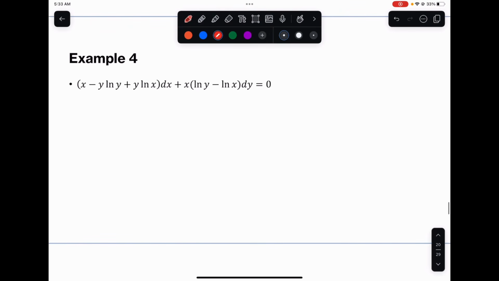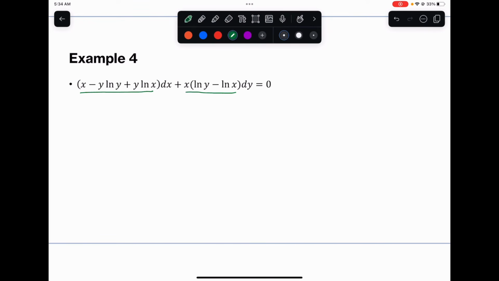Okay. So we have this one: (x minus y ln y plus y ln x) dx plus (x ln y minus ln x) dy equals 0. Okay, so what are we going to do with this? This one involves 3 terms. This one involves 2 terms.